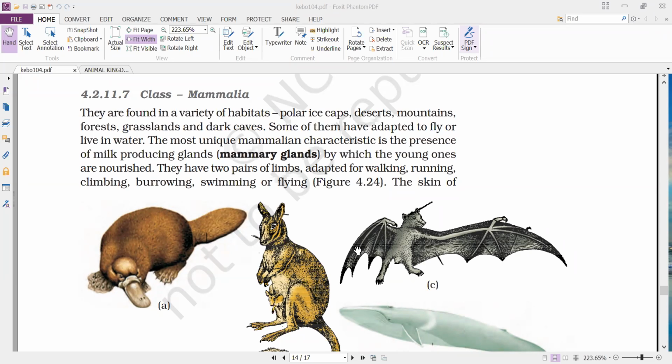So in mammals, we'll find the highest parental care. How are they able to take care of the young ones?